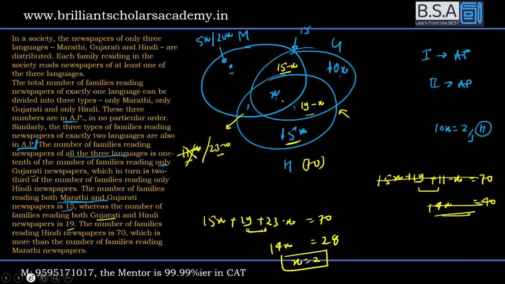If the value of x is 2, then this becomes 30, this becomes 17, this becomes 2, this becomes 13, this becomes 20. With x equal to 2, if I put 2 here, this becomes 21. 13 plus 2 plus 21, that is 34 plus 2, 36. If I put 2 here, this becomes 40, so this becomes 76. 76 cannot be, so we will put 2 here.